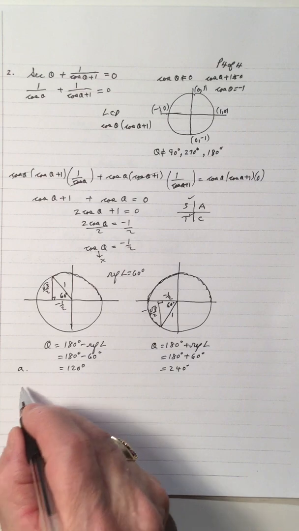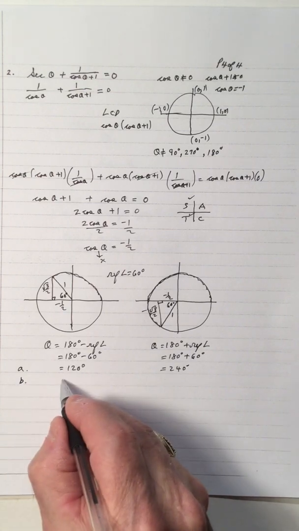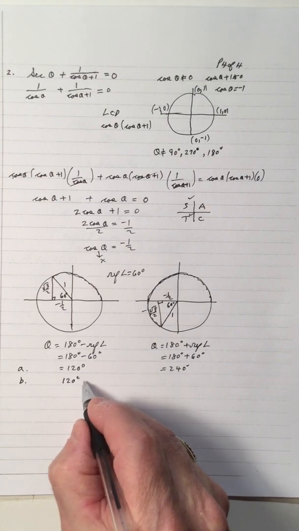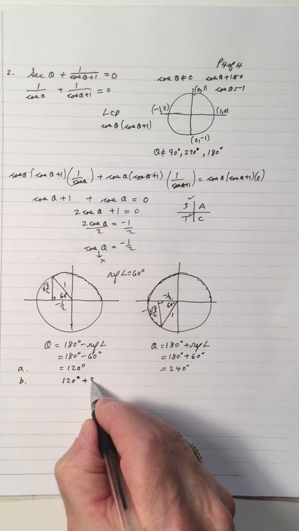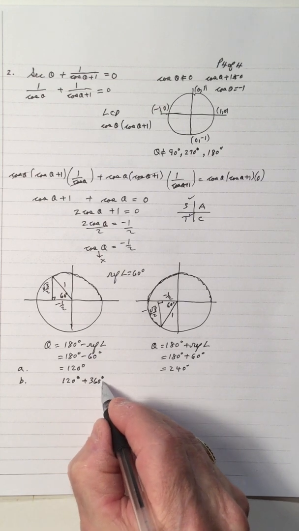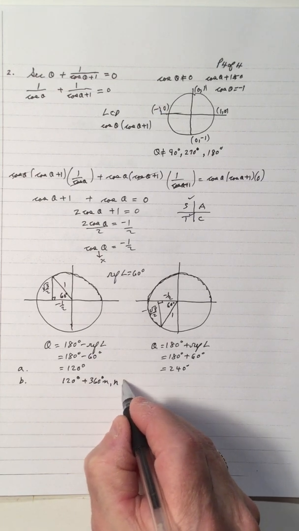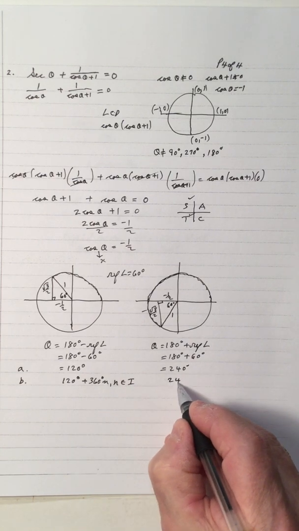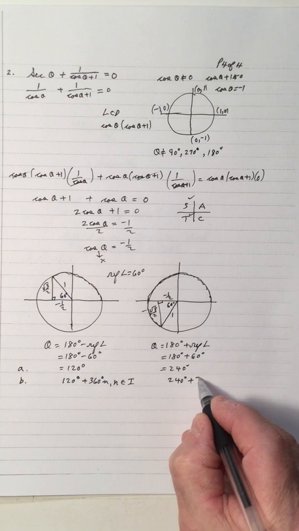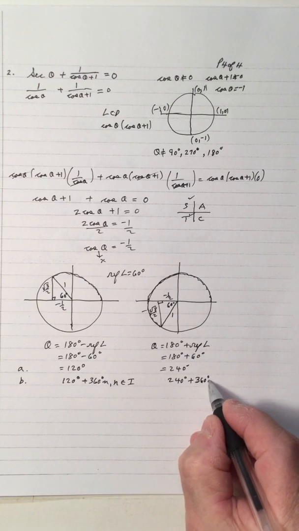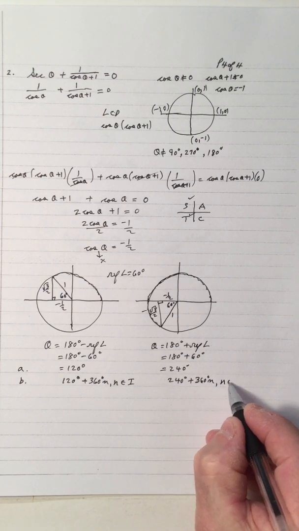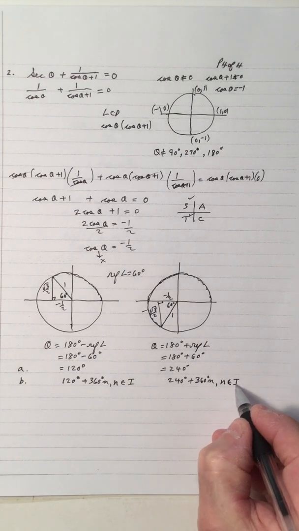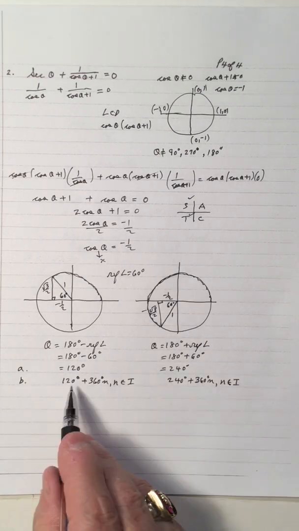And we want all of them. Well, B, we'll take the 120 and add on the period of 360 times n, where n belongs to the integers. And in this one, we'll take the 240 and add on 360n, where n belongs to the integers. So now we have them all.